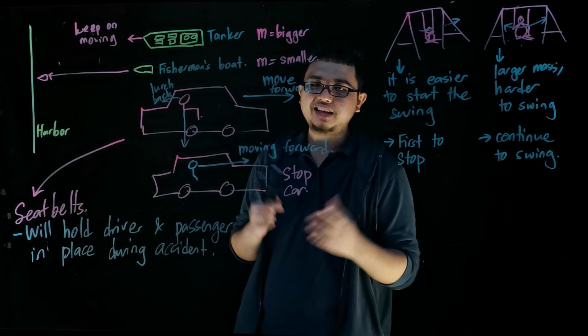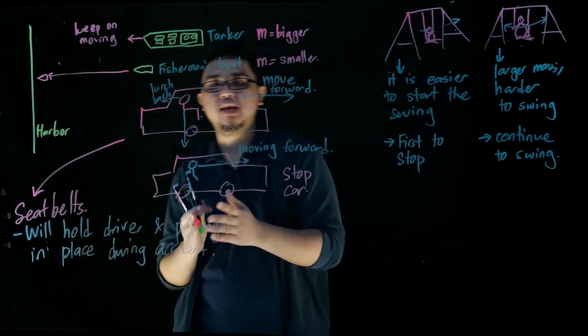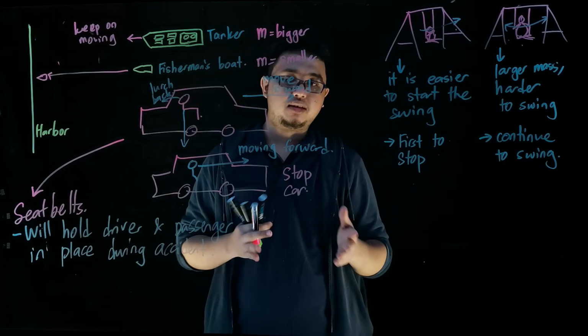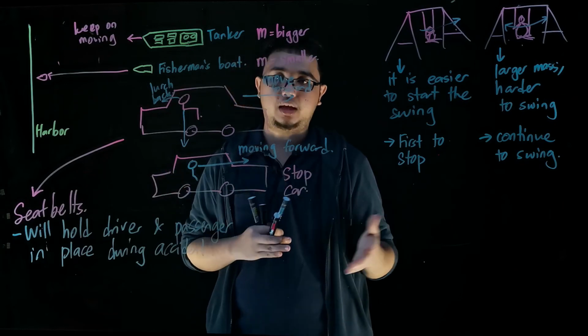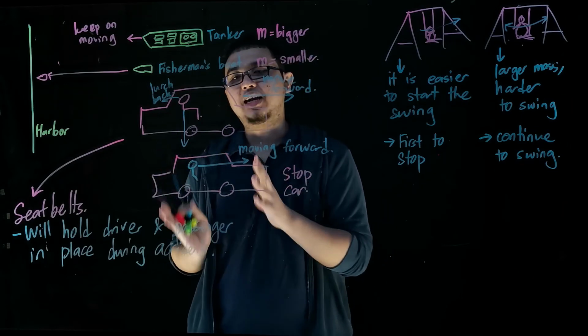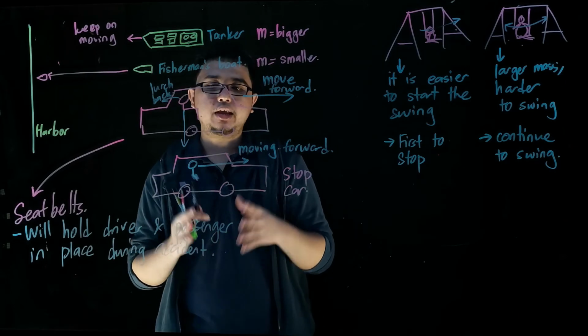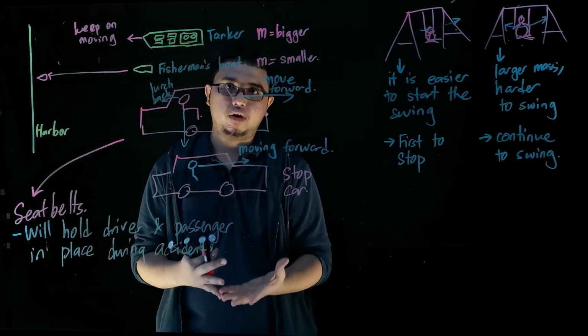Now, let's just say you're inside a vehicle and you are met with an accident. Your car is hitting something. Now, because of the car having a bigger mass, it also creates a larger force.